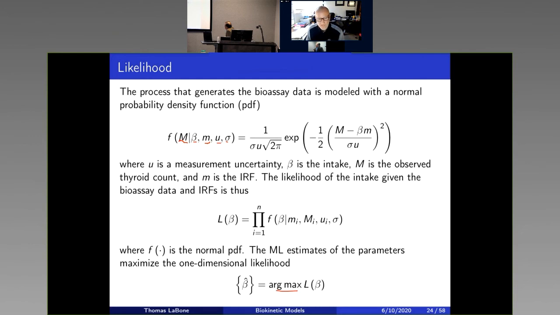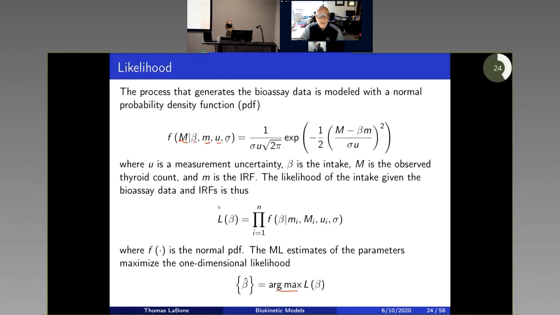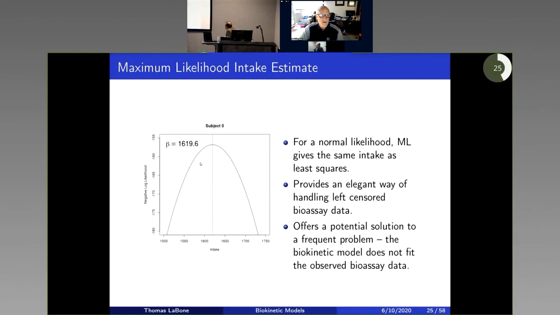That may or may not sound complicated, but when you do it in practice for one parameter anyway, you just evaluate this function at every value of the observed bioassay data. You'll get a curve, looks like this. Of course, it's going to be a quadratic, and I don't even need to do math on this. I can pick out where the maximum of this thing is right at the top, and I'm going to get somewhere real close to 1620.